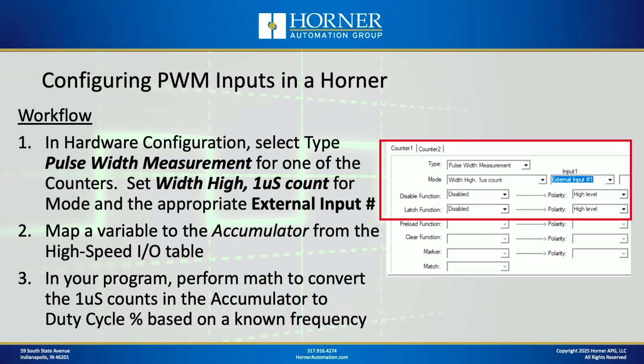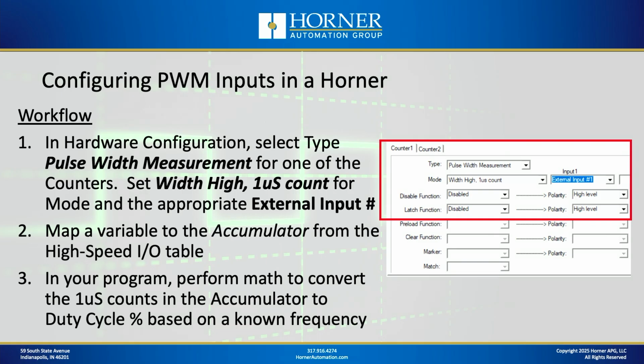Next, let's take a look at how we configure to measure PWM inputs coming into a Horner controller. So how do we do that? Well, it's also a high-speed counter function, but this time on the high-speed input side.